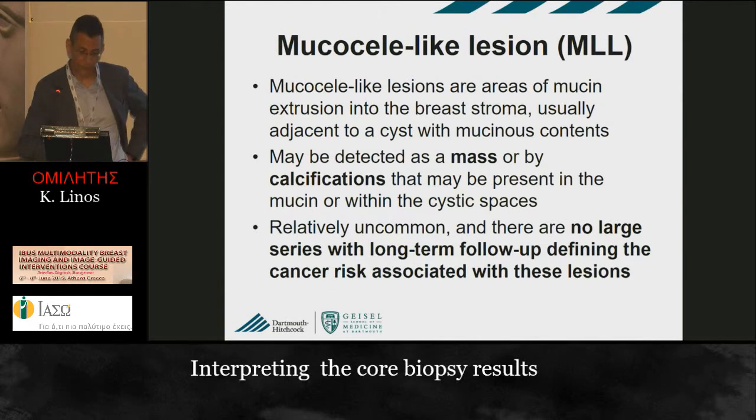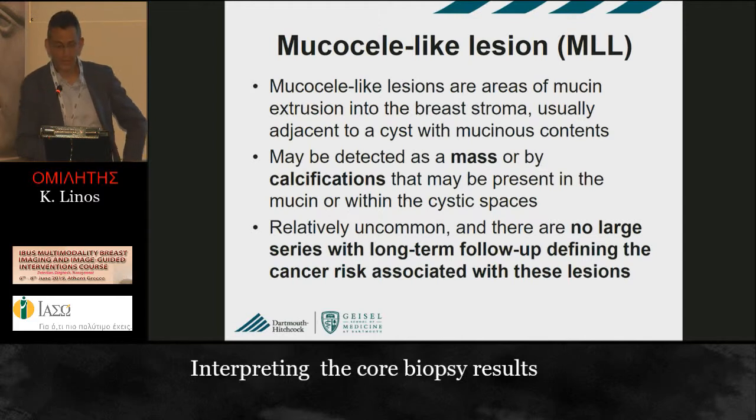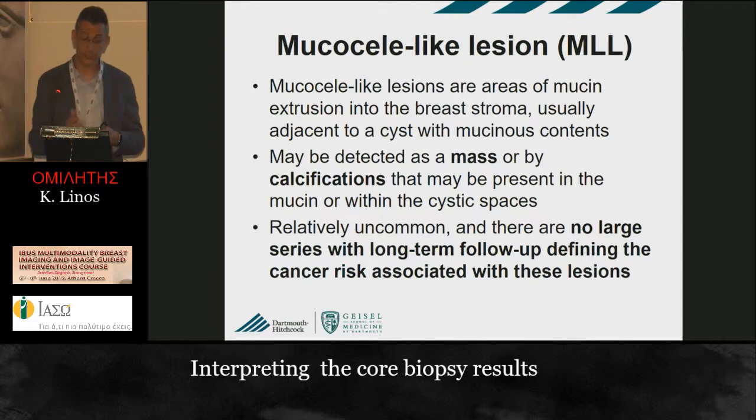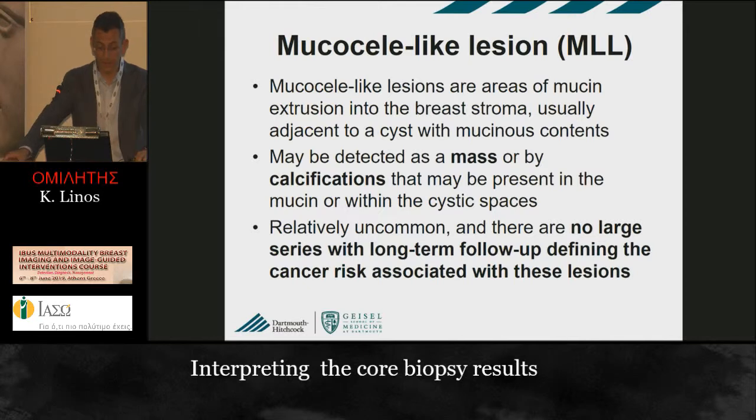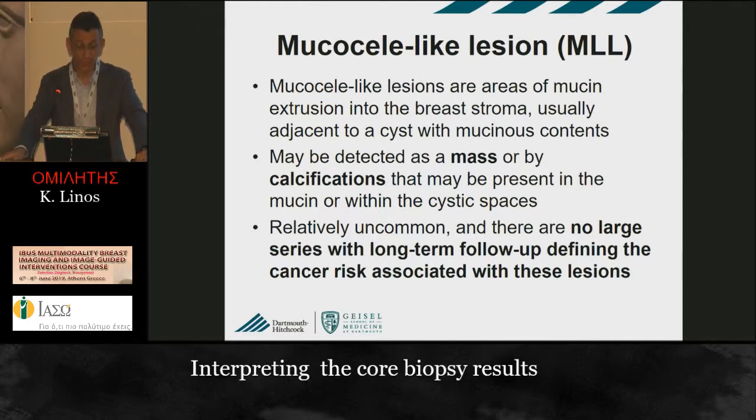And lastly, a few words about mucocele-like lesions. Mucocele-like lesions are areas of mucin extrusion into the breast stroma, and usually they are adjacent to a cyst with mucinous content. However, they may be detected as a mass, or may be associated with a calcification that may be present in the mucin or within the cystic spaces.